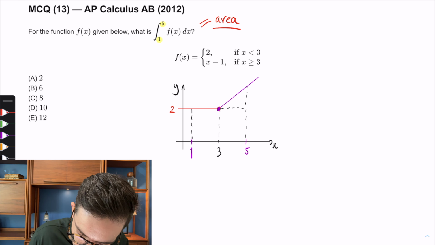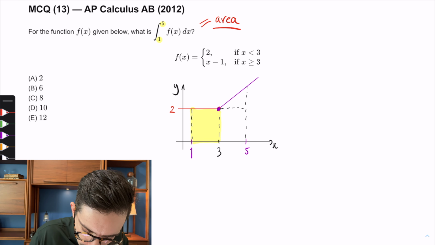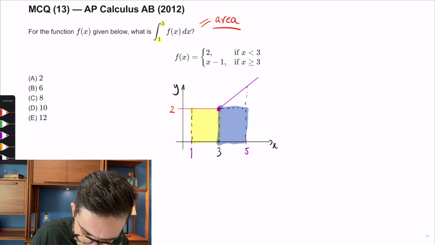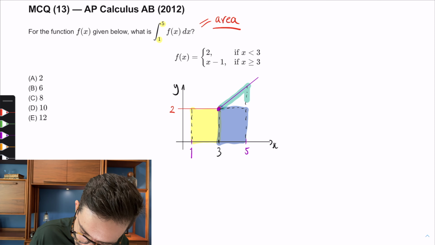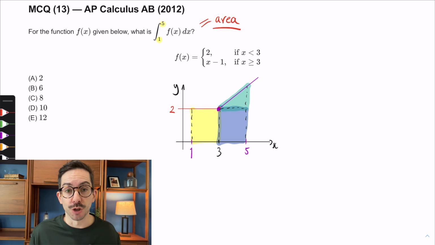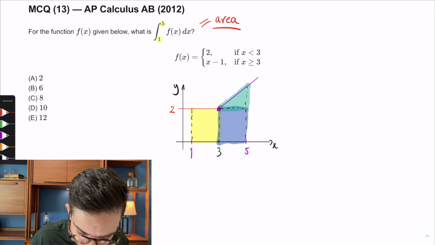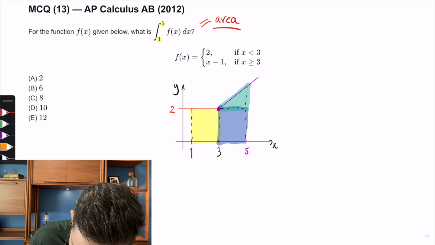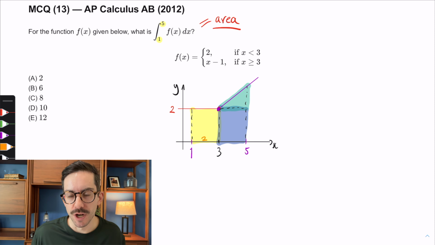So if I can figure out this area here, and this area here, and add it to this triangular area, that will give me the correct answer for my definite integral. Let's have a look at some of these side lengths. Well, I know this is side length 2, because it's 1 up to 3.